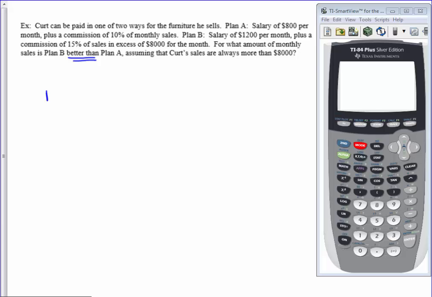To work this problem, we will write Plan A and Plan B as expressions in two columns. So how does this person get paid under Plan A? Well, he gets a salary of $800 plus a commission of 10% of the monthly sales. For this problem, we don't know what the monthly sales are.